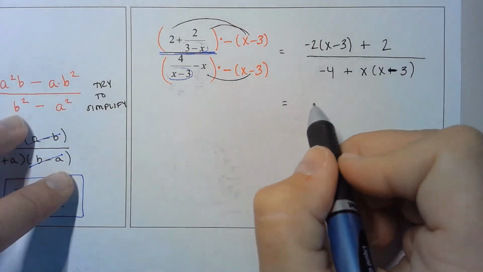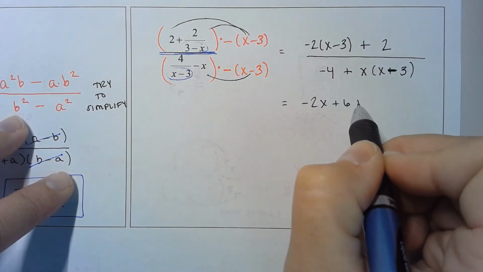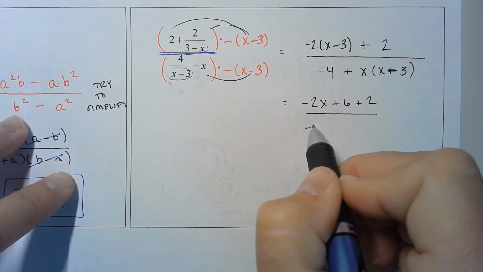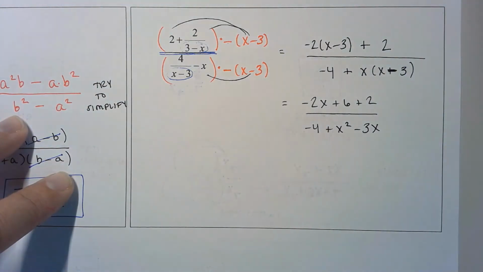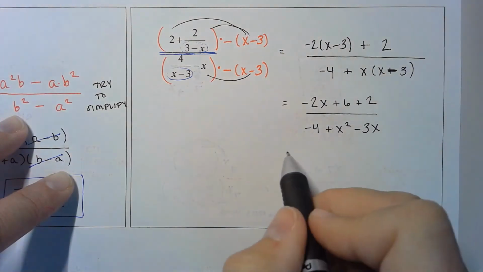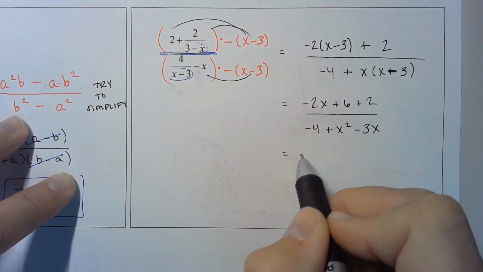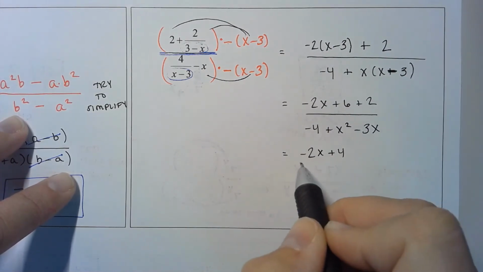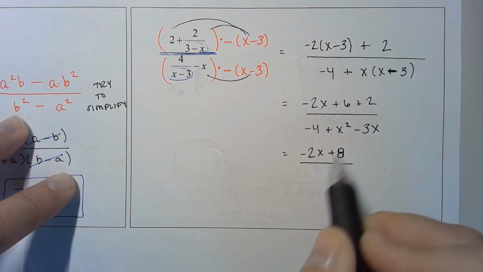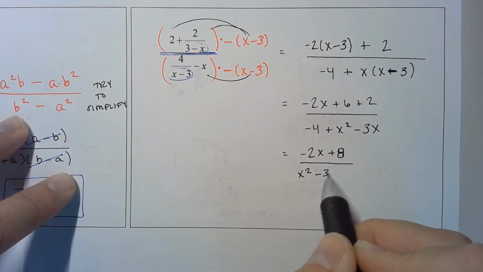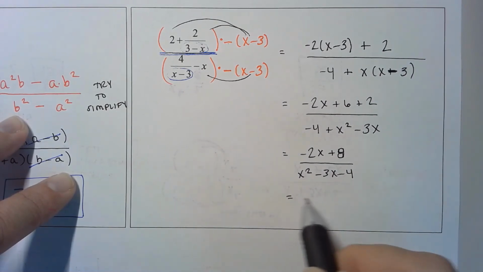All right, so let's clean this up. I'm left with a negative 2x plus 6 plus 2 all over negative 4 plus x squared minus 3x. How about negative 2x plus 8 on top. And on the bottom I have x squared minus 3x minus 4.